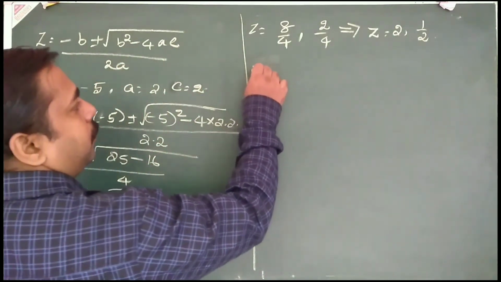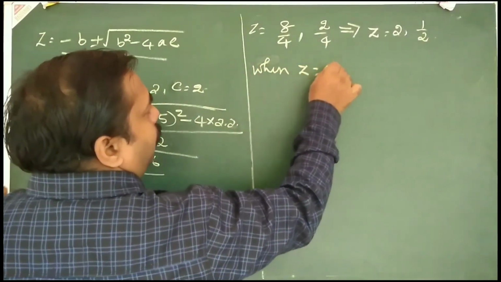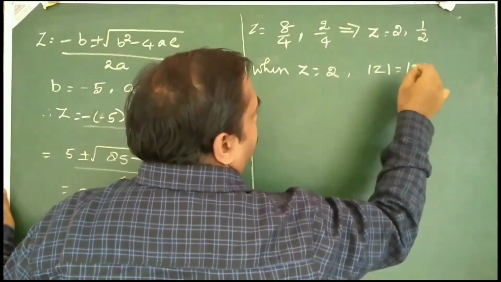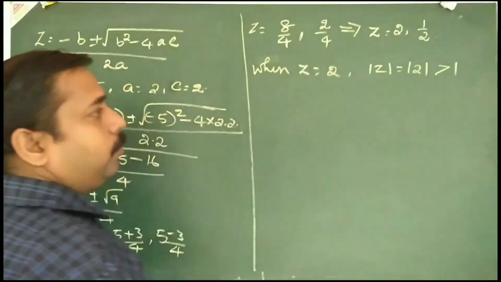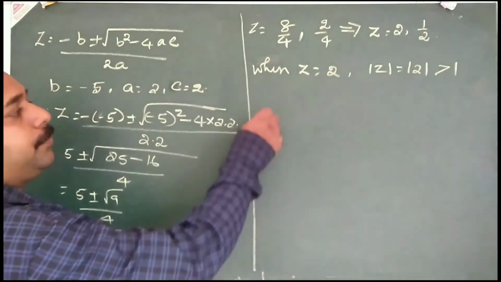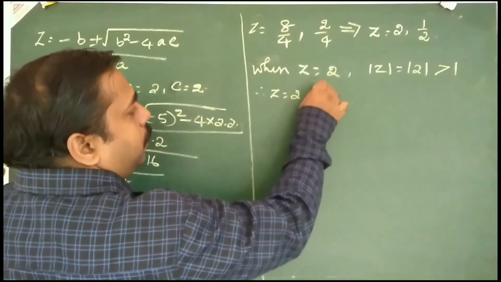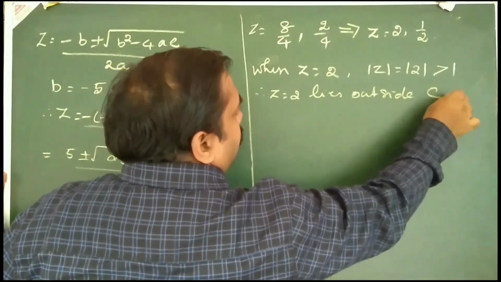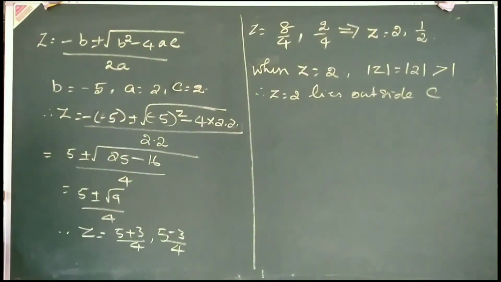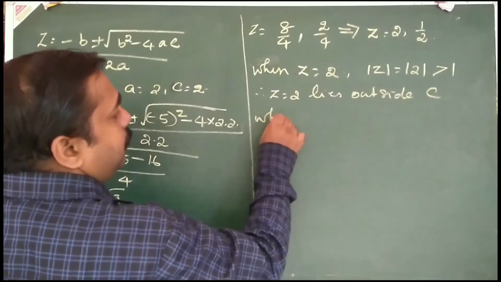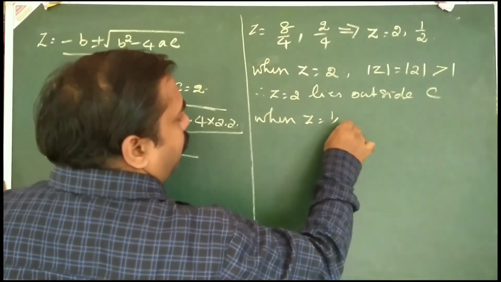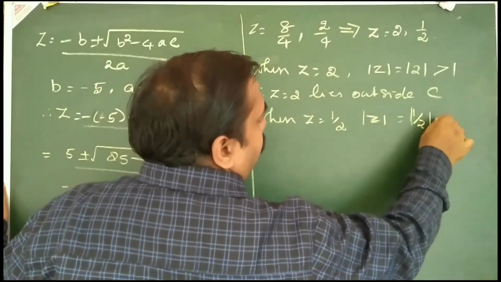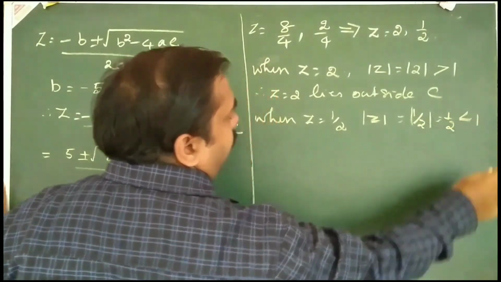Now when z is equal to 2, mod z is equal to mod 2, it is greater than 1. Therefore z is equal to 2 lies outside C, because mod z is equal to 1 on C. When z is equal to 1 by 2, mod z is equal to mod 1 by 2 equal to 1 by 2, less than 1.